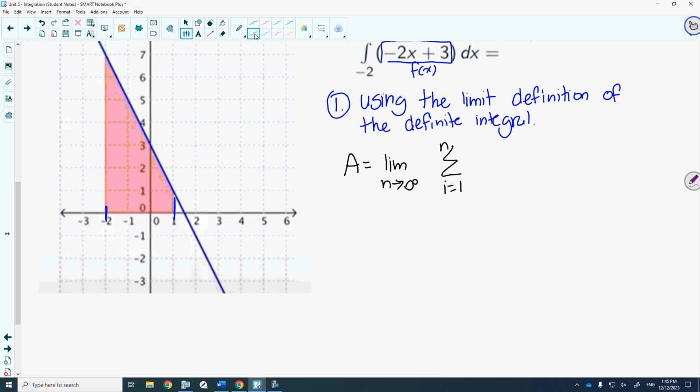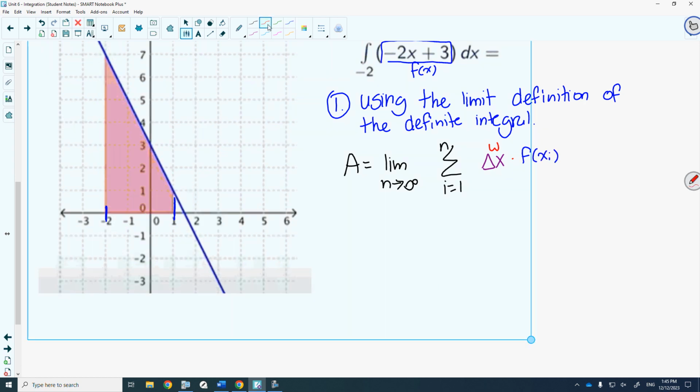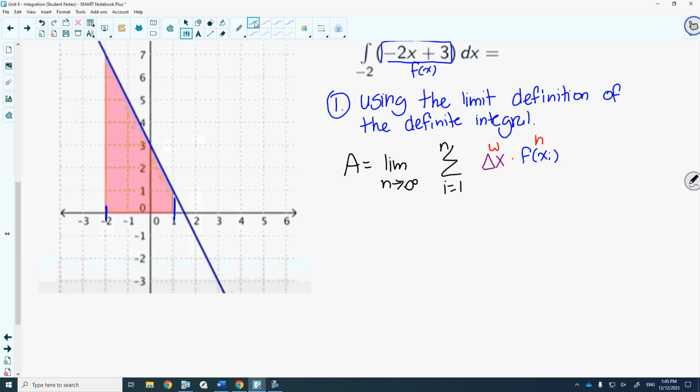Remember that the area of one rectangle is delta x, the width of your rectangle, times f of x sub i, the height of your rectangle. Then we use our summation formula to sum up infinite rectangles. That will give us the area under the curve from negative 2 to 1.